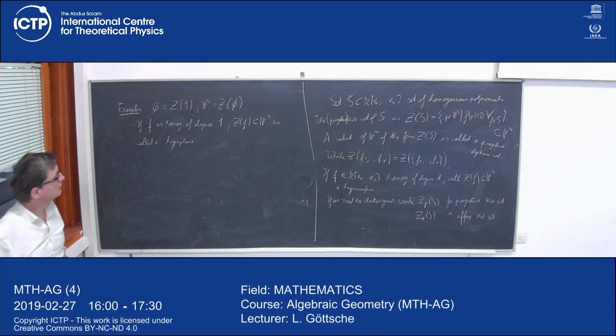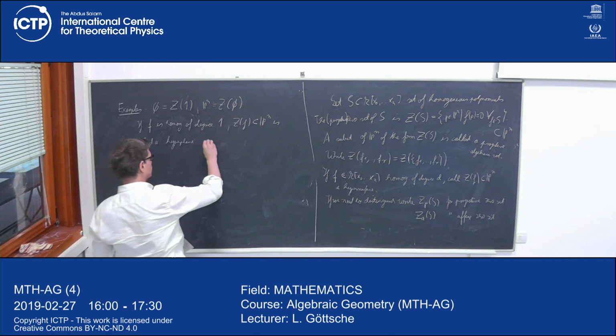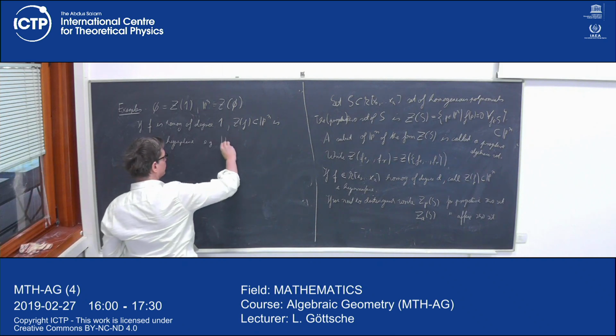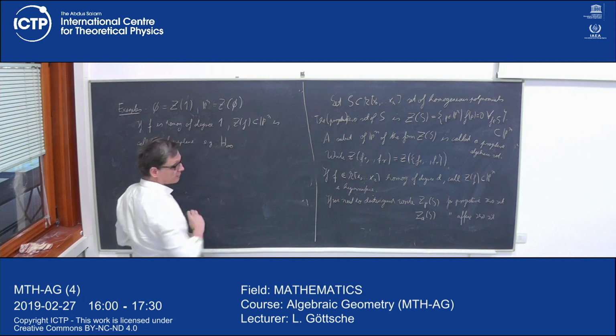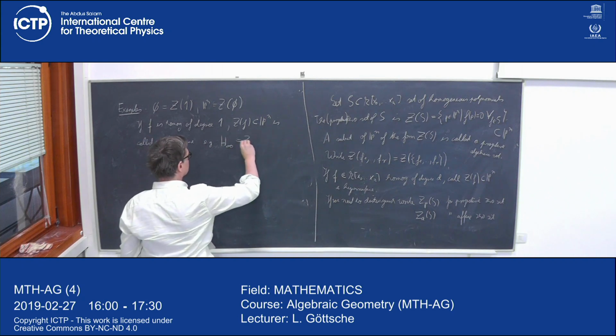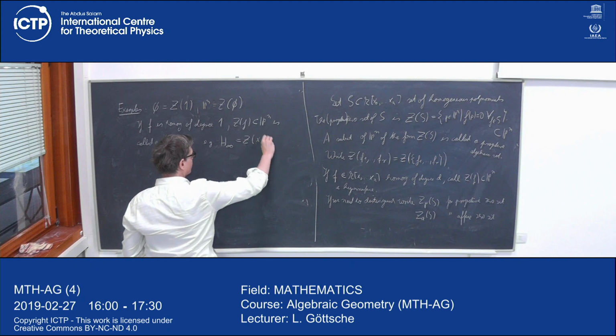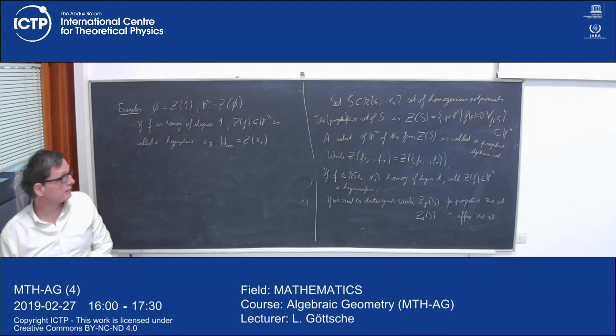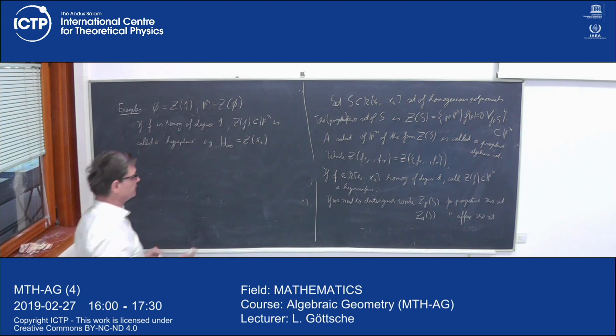And we already used this word before. So, for instance, H infinity, the hyperplane at infinity, is the zero set of the polynomial x0. So this is the hyperplane at infinity.